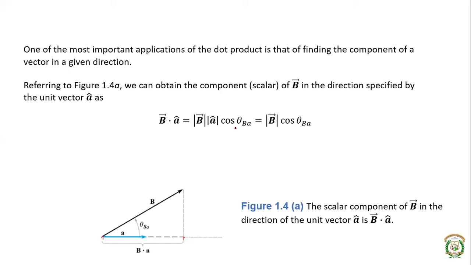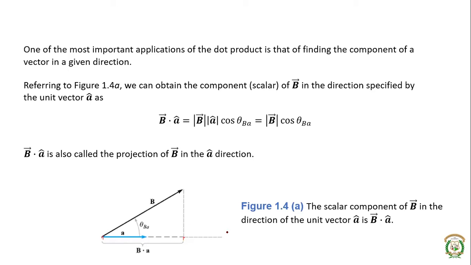So this becomes 1. So it is the magnitude of b, the length of b, multiplied by cos of the angle between the two vectors b and a. So this b dot a, the dot product, is also called the projection of b in the direction of a.